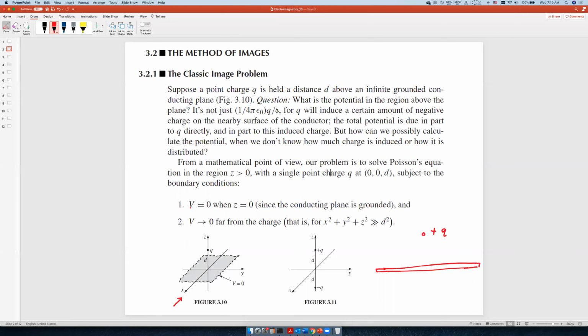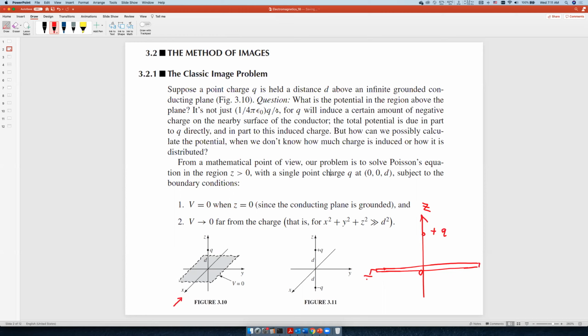When z equals 0, this is the z coordinate, and this is 0. 0 means on the plane. When z equals 0, then V should be 0 because it's grounded.